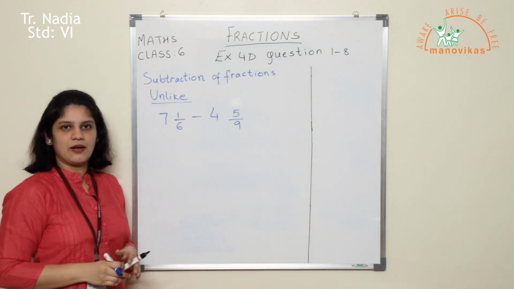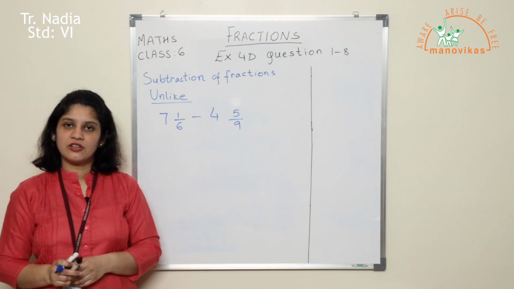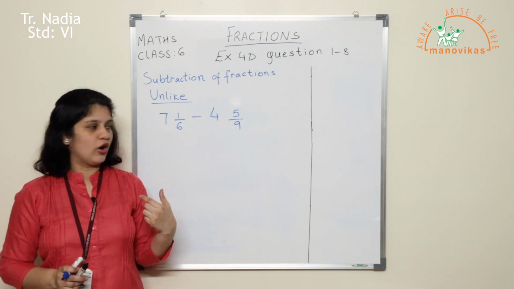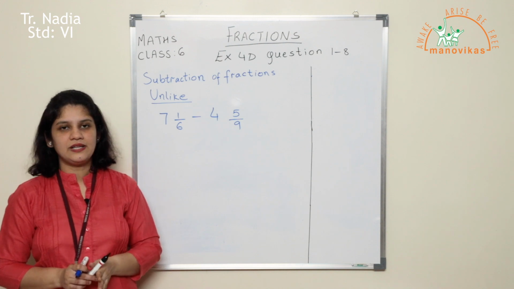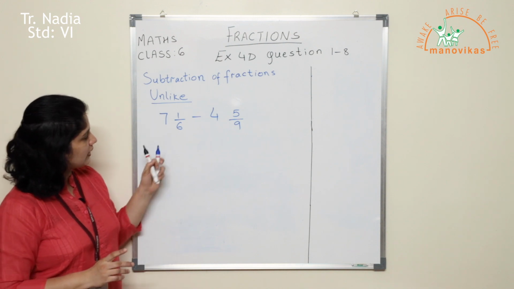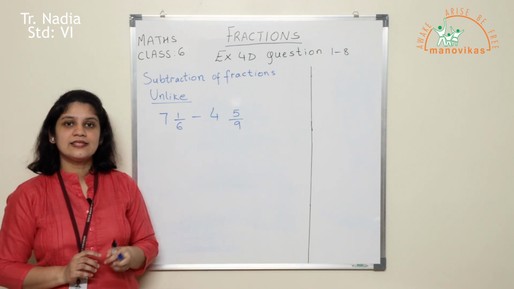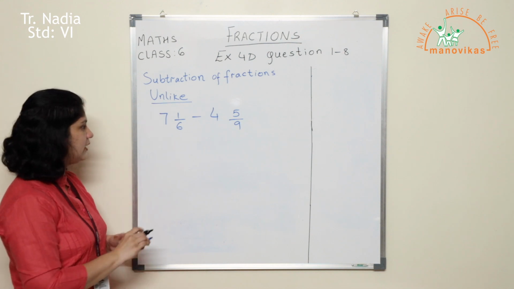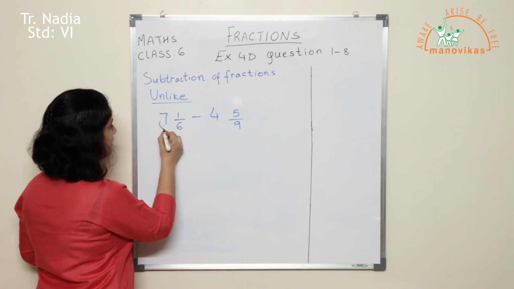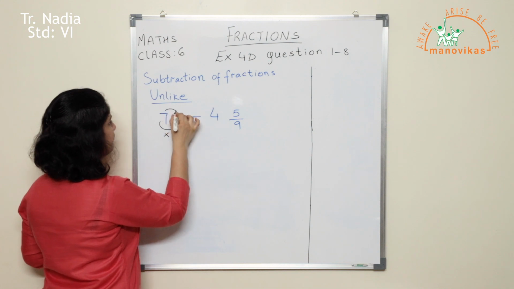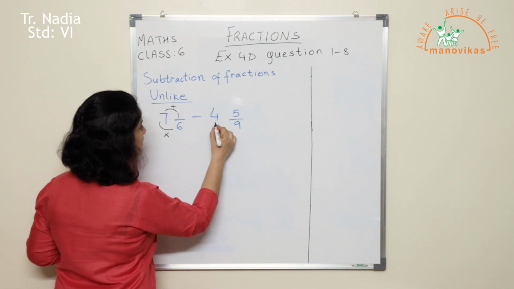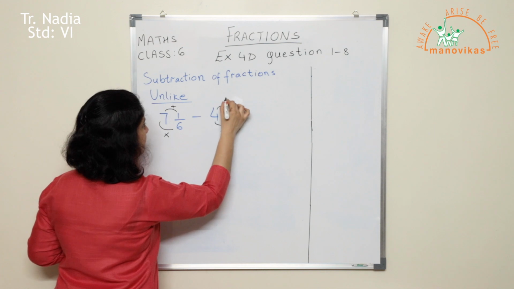Now let us take an example. Here we have subtraction of fractions with different denominators. Unlike fractions have to be subtracted. Now if you can see here, the question has mixed numbers. Whenever there are mixed numbers in the question, they first have to be converted to fraction form.